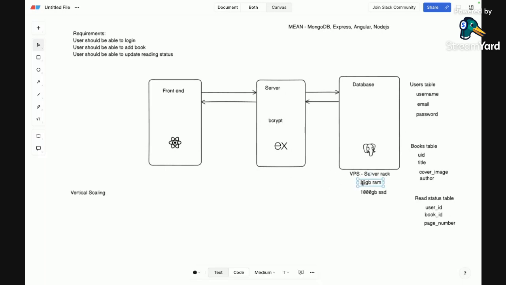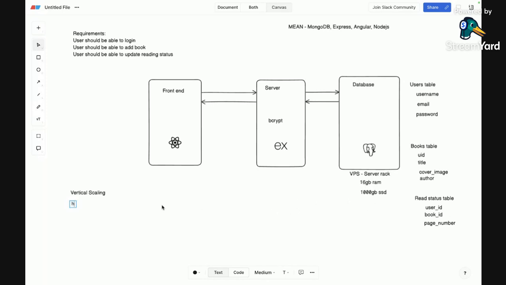Maybe the maximum is 64 GB RAM, and it's very costly, because as RAM and space increase, the equipment gets too expensive. In some scenarios you can do that, like Stack Overflow, when they started they were just stacking up more server racks and getting huge RAM and everything. But this has a limitation.